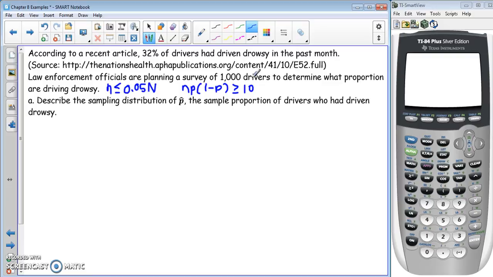If those conditions are true, then we can say that our sampling distribution is approximately normal. So we're looking at a survey of 1,000 drivers, so we just plug that in here.